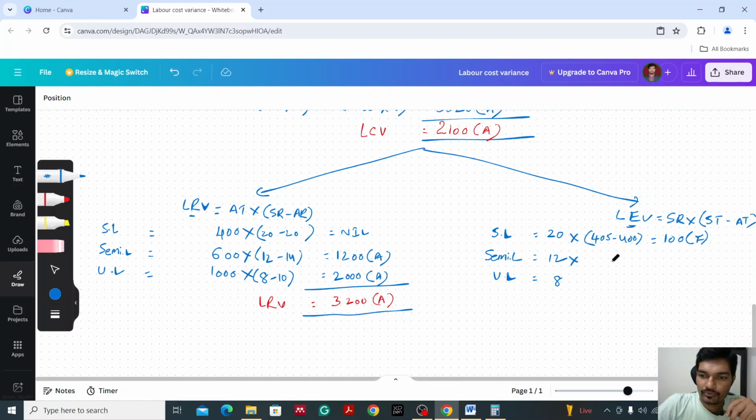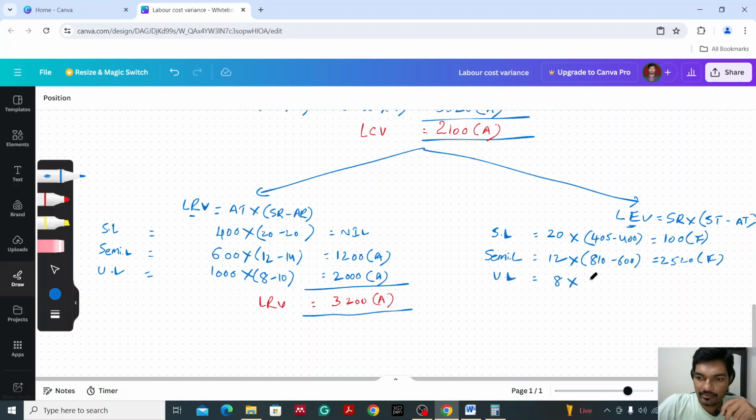So coming to semi-skilled labor, 810 minus 600, we are getting a positive value of 2520 in favor.